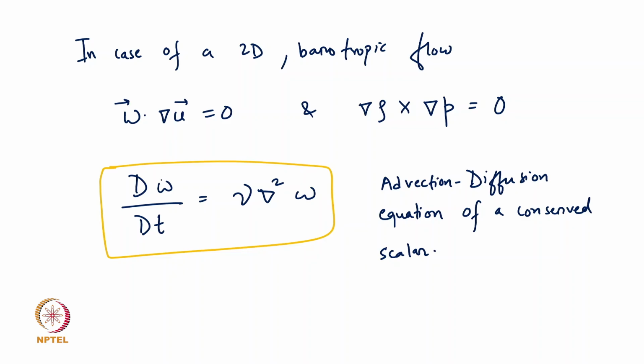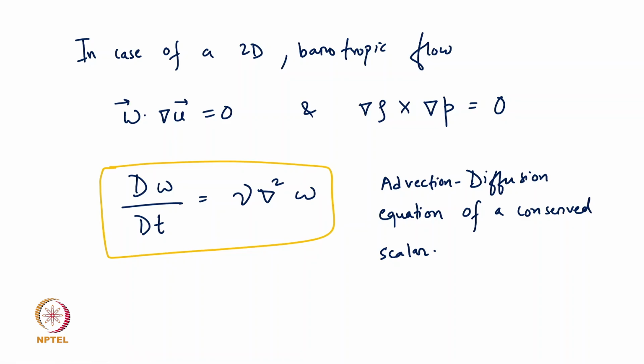Where is the advection coming from? Advection is included in this term. There is a term which is u dot del omega, which we have condensed into this material derivative, and hence this is an advection diffusion equation. Diffusion is created by the viscosity. Viscosity is killing gradients in vorticity.